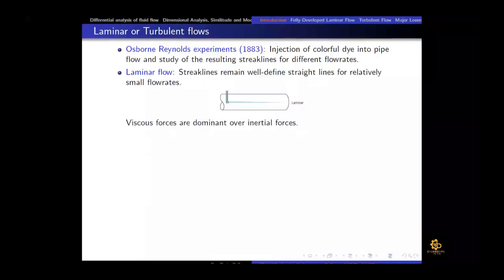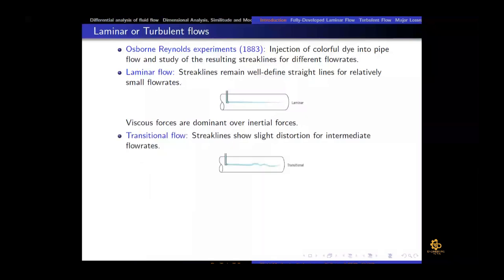In the transitional region, when the volume flow rate was increased, we can see some kind of distortion as we move along. So it shows slight distortion for an intermediate flow rate, which means the viscous forces are comparable to inertial forces. And if the volume flow rate is increased further, then the streak line shows a high level of distortion.